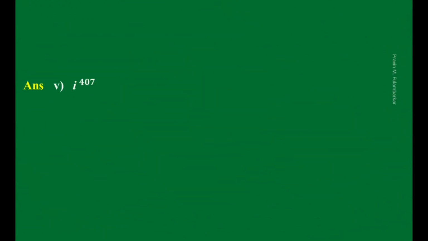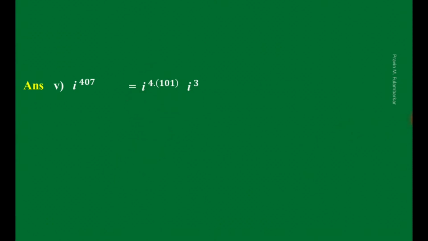Fifth sub question. i raised to the power 407. So we divide by 4. We get 4 into 101 and a remainder of 3. So we write this 407 as 404 plus 3, and this splits up as 4 into 101.